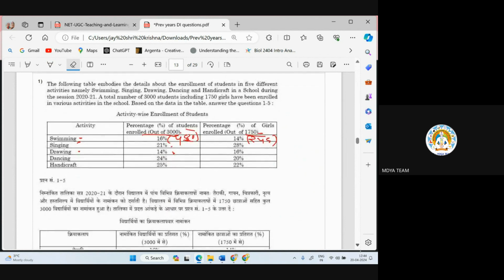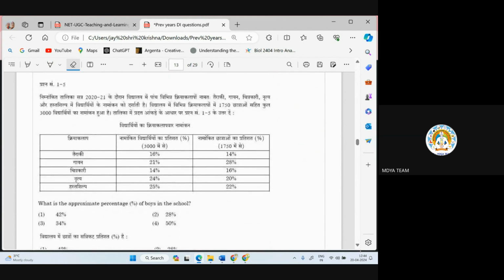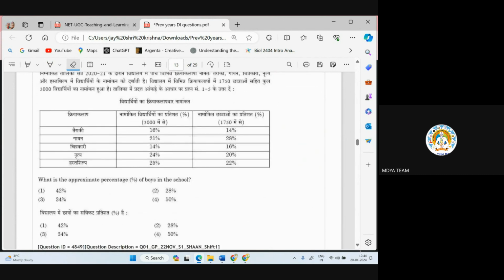Okay. Now let's come to the first question. I already told you they will only talk about the percentage of boys. So the approximate percentage of boys in the school, how much percentage of boys are present in school.